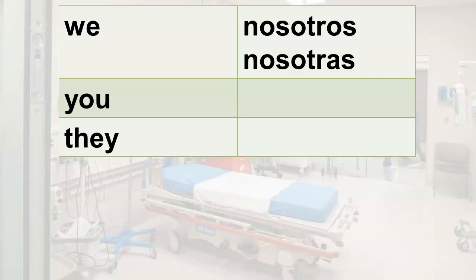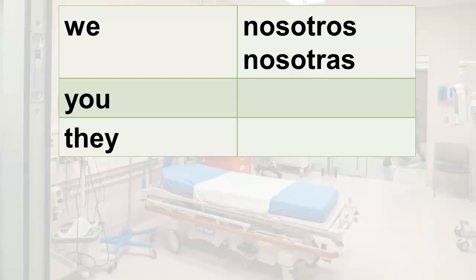However, in modern times, if there are more females than males, the group might use nosotras. Nosotras is also for a group of only females. So it just depends on the group of speakers. Both of them mean we.